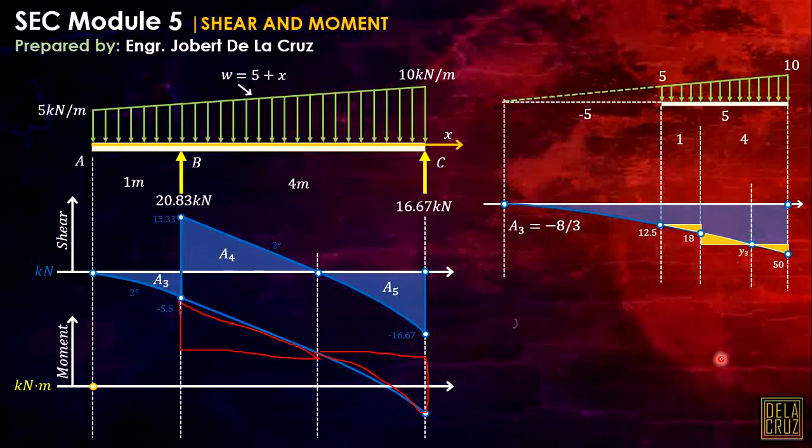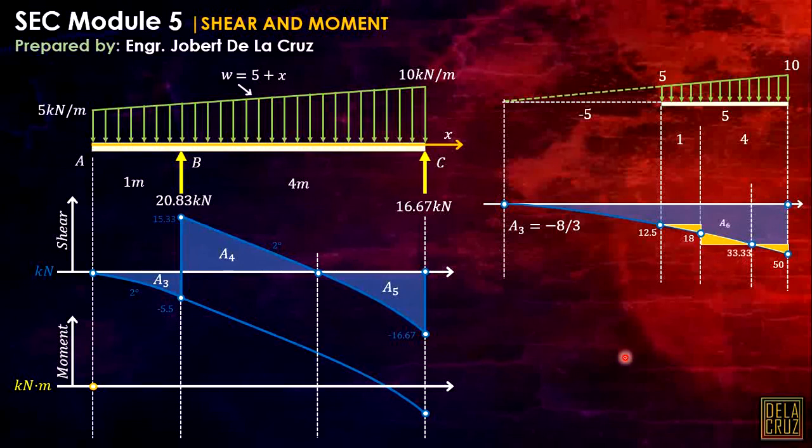As you can see, y sub 3 is just 50 minus antong dimension na to, from here up to that point, which is 16.67. Medyo ma-analyze talaga to, kasi medyo mahirap yung approach natin basta trapezoidal. So y sub 3 is 33.33.